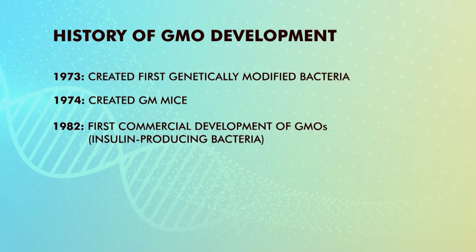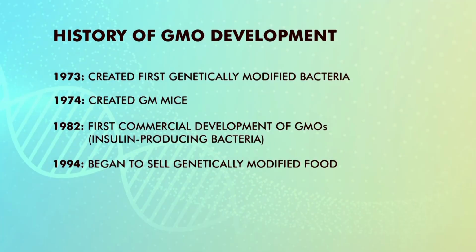In 1982, commercial development of genetically modified organisms started, a landmark revolution in the field: the production of insulin in bacteria. In the past, insulin was in very high demand for the treatment of diabetes and could not be fulfilled naturally. Hence there was a need for a solution, which was solved with the help of these GMOs.